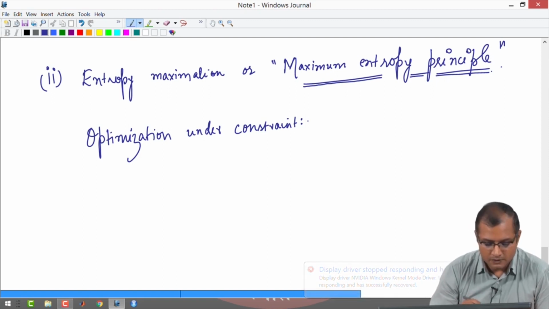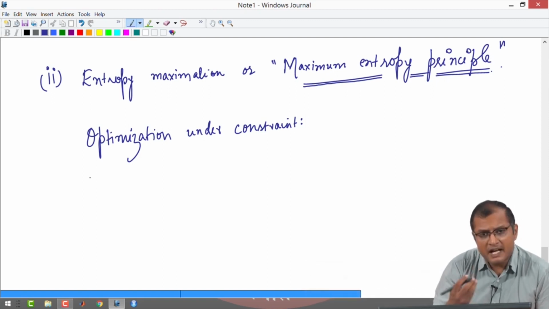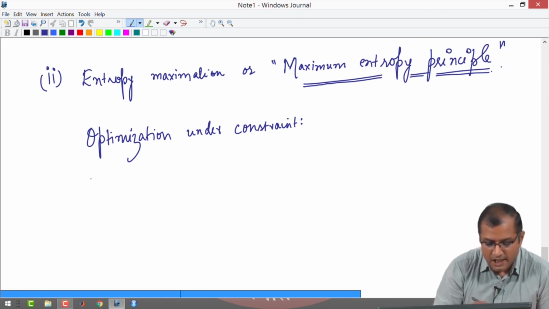Okay. So, instead of directly optimizing entropy, I will take a random function.